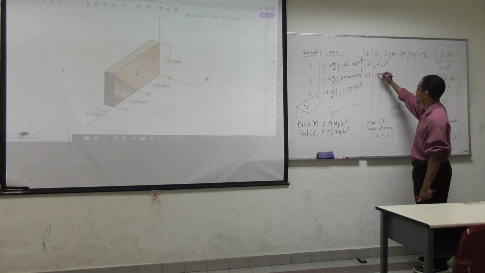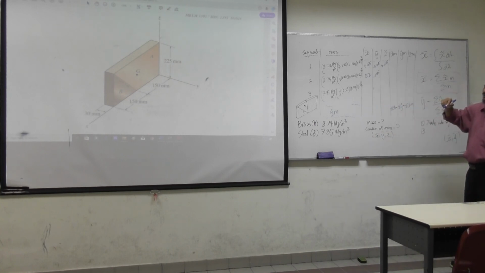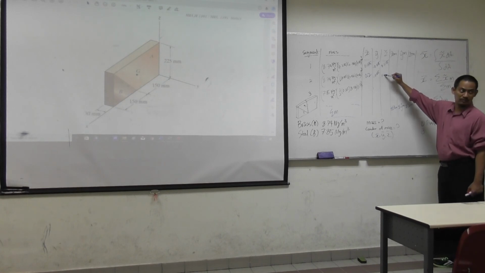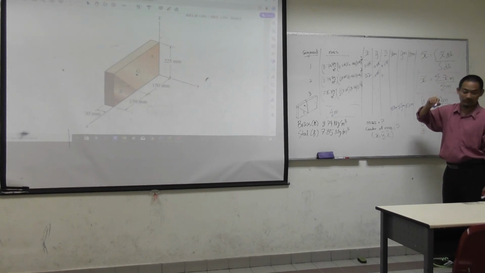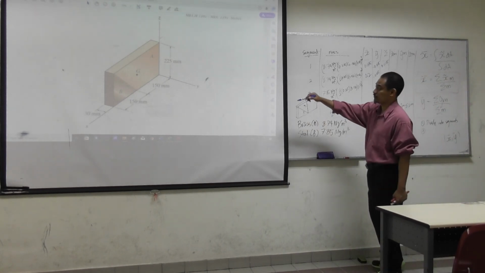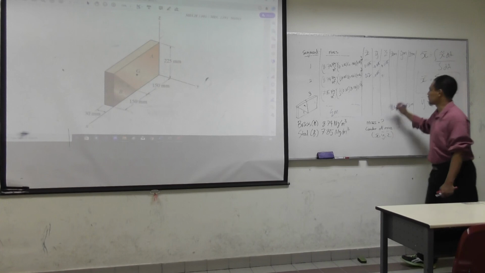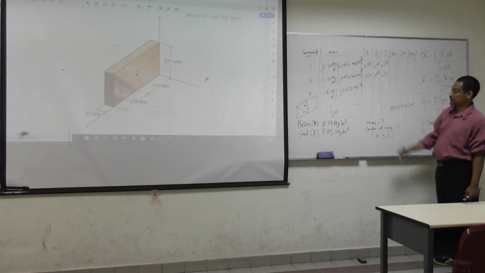The same as this one, right? Z bar? Zero point? How do you get this one? It's 2/3 of 225, right? Very good. 1/5. Right? Right?